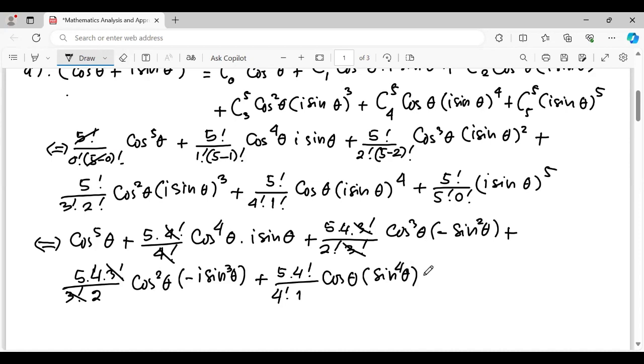And then plus 1, i sine 5 theta, because i power 5 is i.